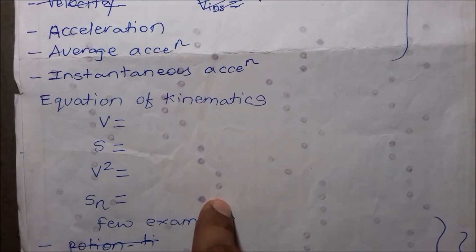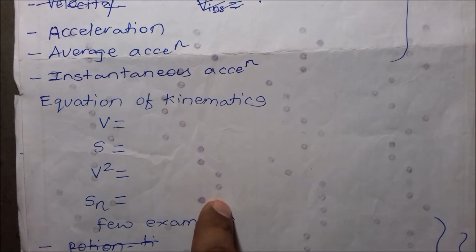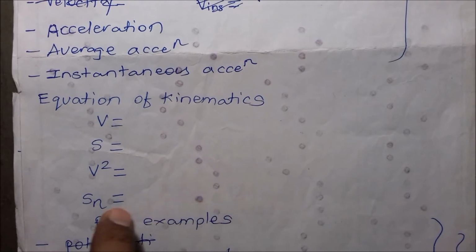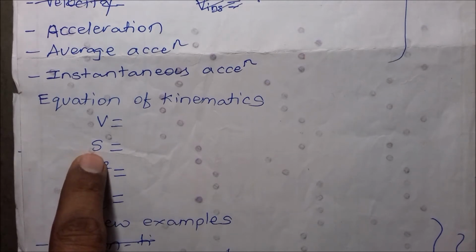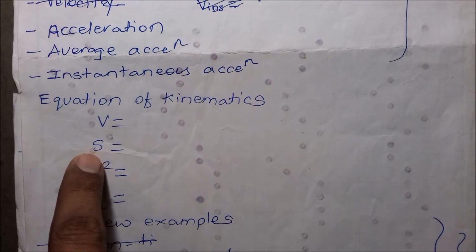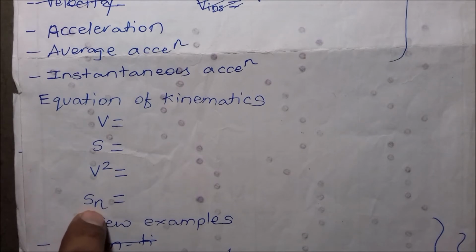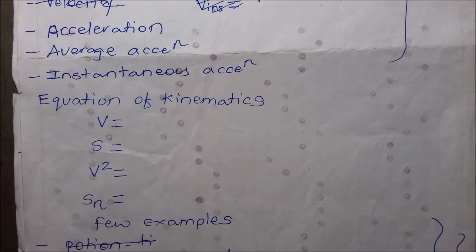N is the nth second in which we have to find out displacement. This is the displacement done in total time t, and this is the displacement done in the nth second.